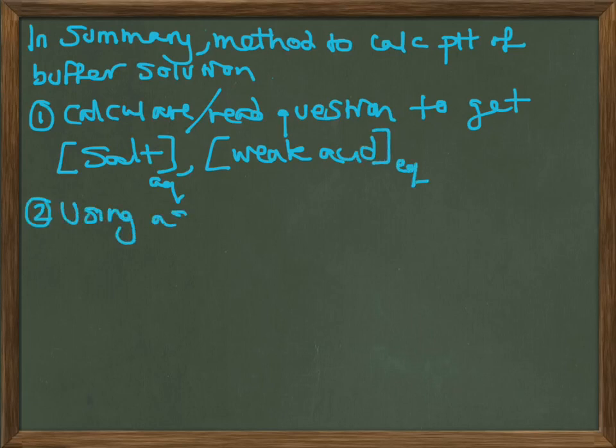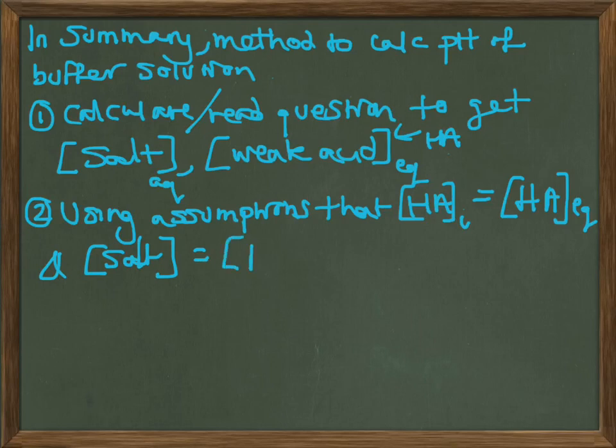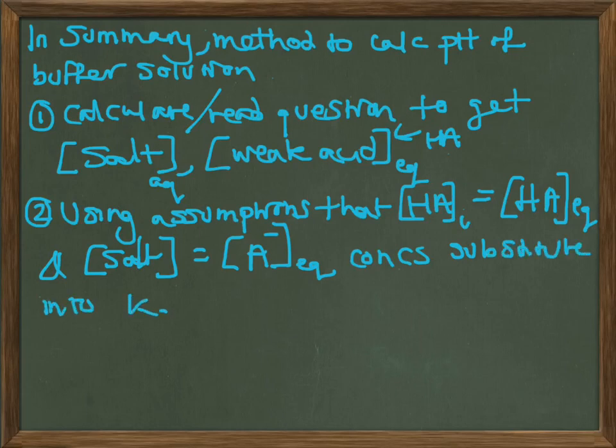Then you'd apply the assumptions that we use when doing buffer calculations, and that is that your weak acid doesn't dissociate much, so therefore, well, at all, that your equilibrium concentration of your weak acid is pretty much the same as the initial. And we can also assume that your salt will 100% dissociate to make the salt ions.